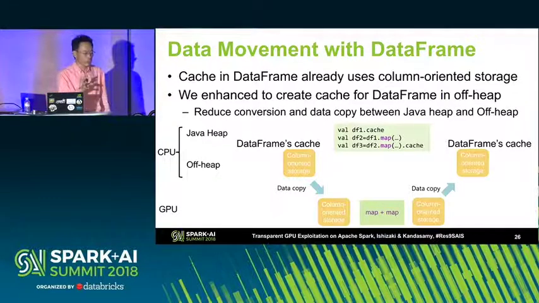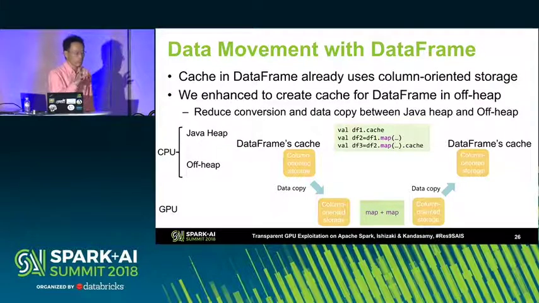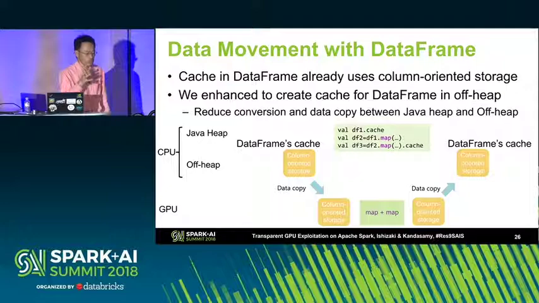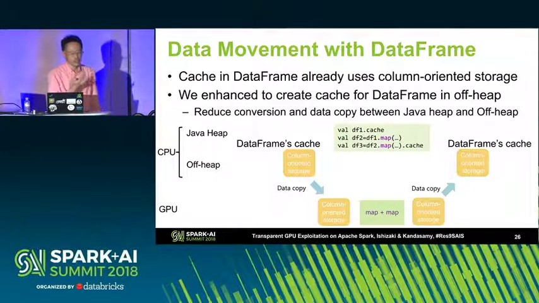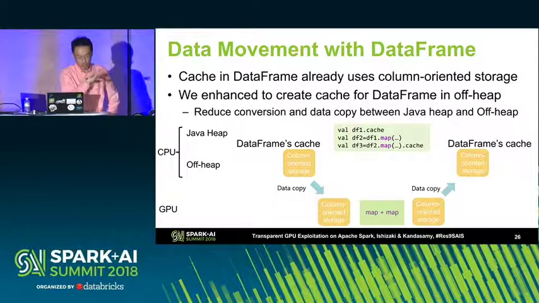That's a good part for GPU, but it's still in the Java heap. So we enhanced Spark to store such a cache into the off heap. This is because we want to reduce the overhead of the data movement between off heap and Java heap.